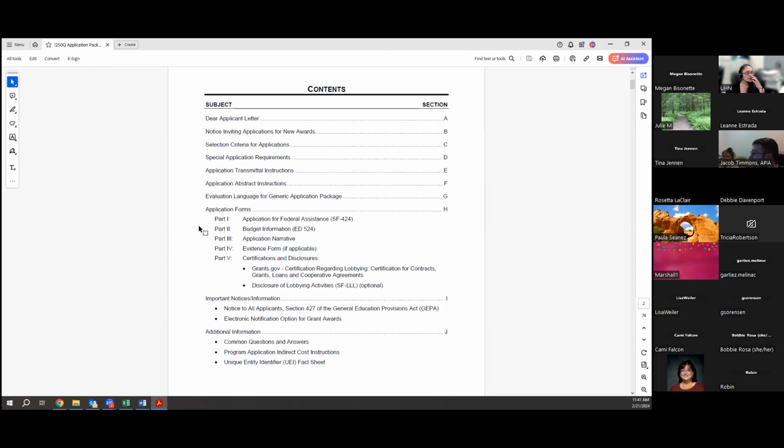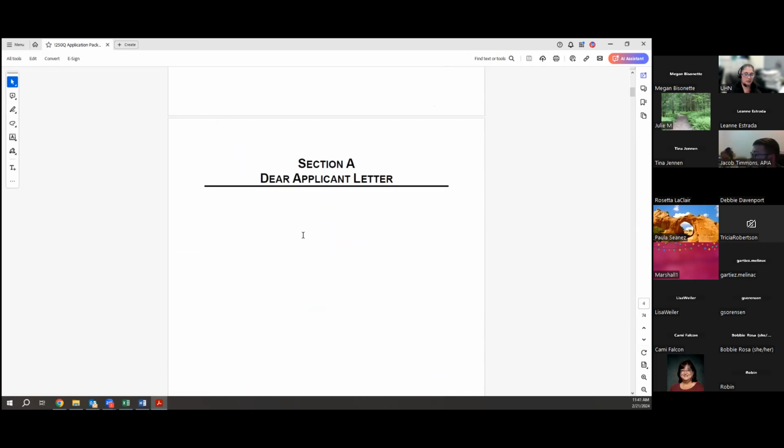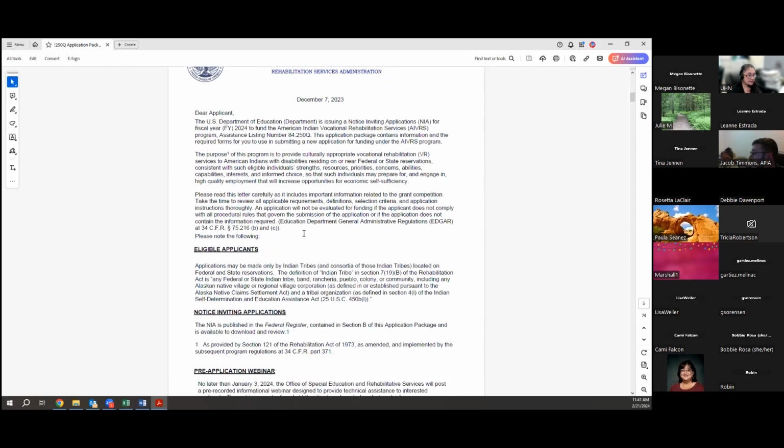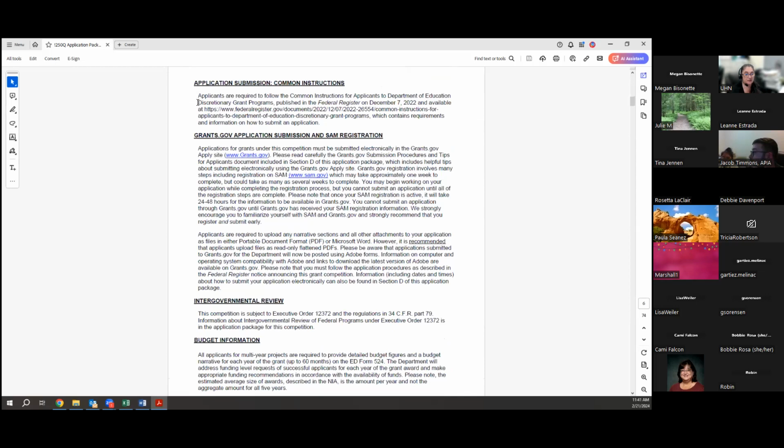So there were issues as it relates to, in the Dear Applicant letter, section A on page 2, it says that the competition is subject to Executive Order 12372.